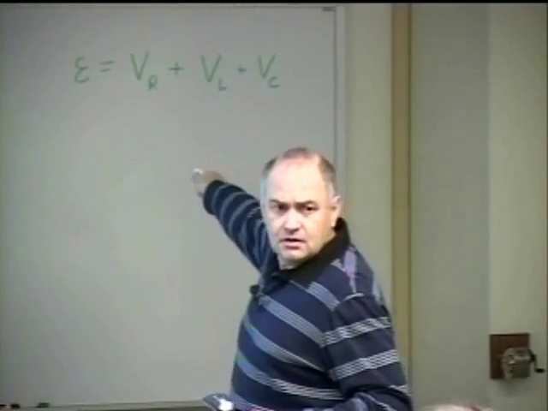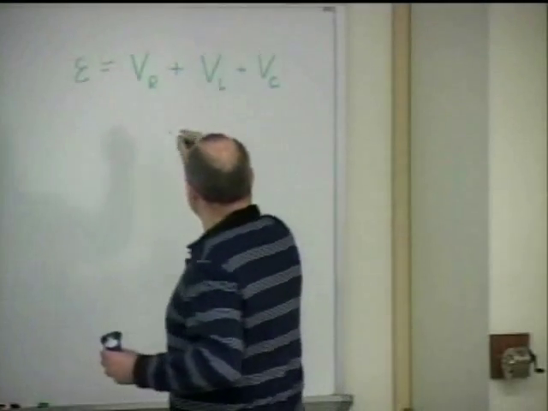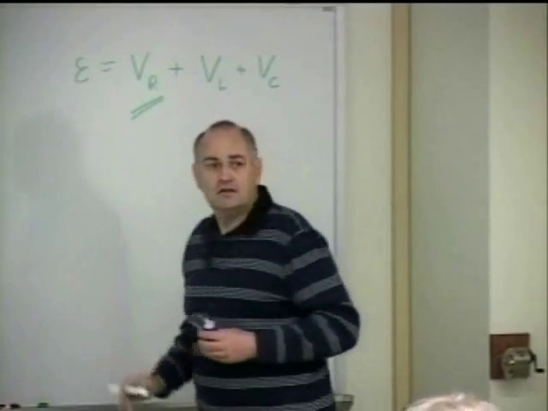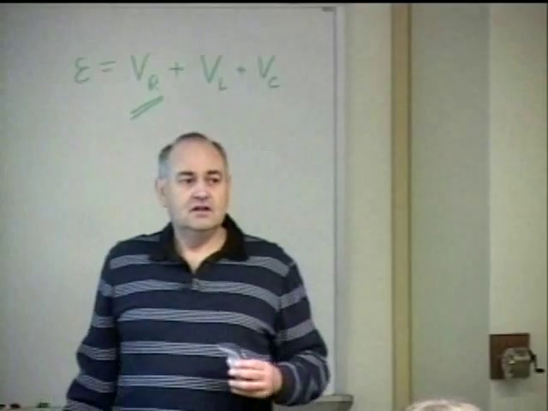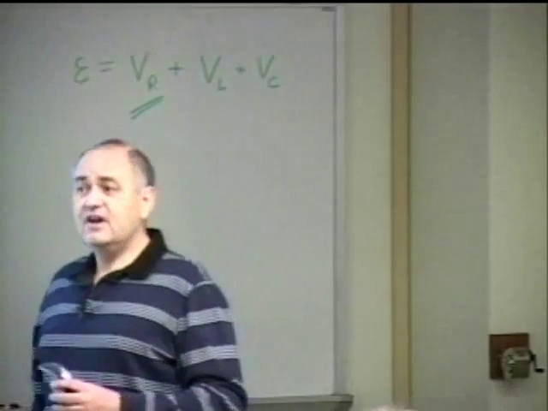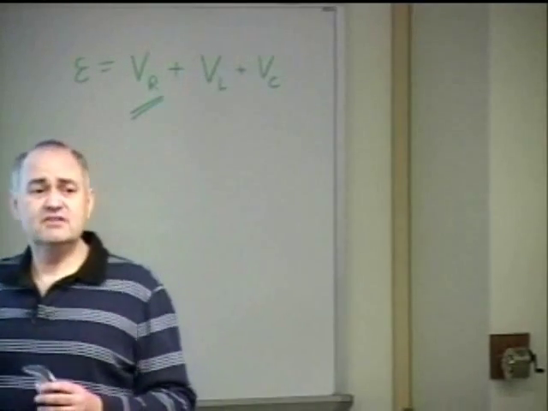Now, just to make sure, what are these? Could you tell me what VR is? Correct. I said that it is the potential difference across the resistor. However, I didn't specify which one. So, which one?